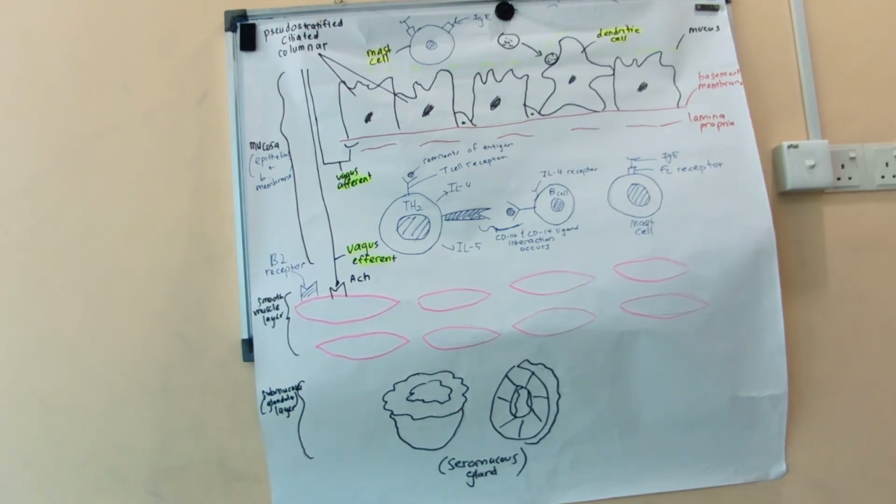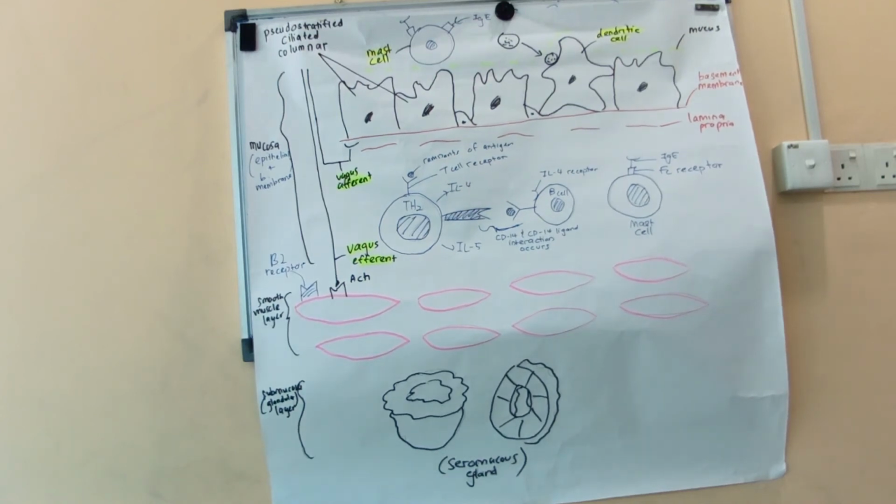I didn't draw it here, but this B cell will turn into a plasma cell, and these plasma cells will eventually release immunoglobulin. Under the influence of IL4, it causes class switching, which changes production from IgM to IgG and eventually IgE. So the plasma cell will produce IgE due to the class switching triggered by this IL4.